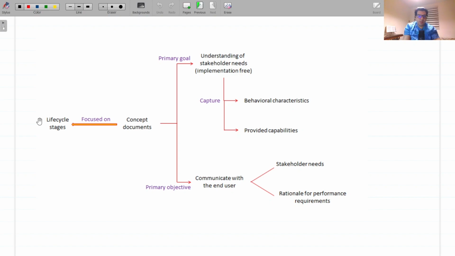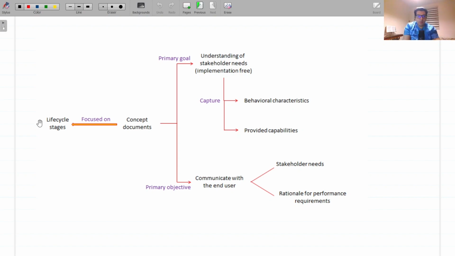Creation or upgrade of a system shares the same uncertainty regarding future use and emergent properties of the system. The stakeholder needs and requirements definition process captures the understanding of stakeholder needs in a series of lifecycle concept documents, each focused on a specific lifecycle stage: acquisition concept, deployment concept, OpsCon, support concept, and finally, retirement concept.